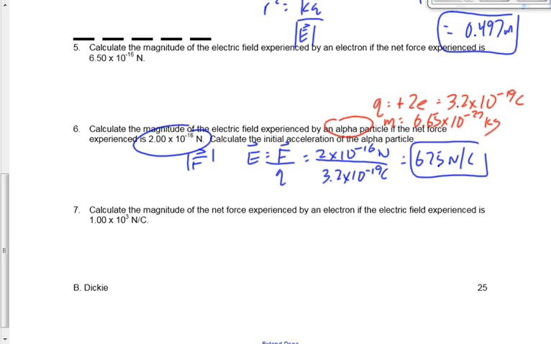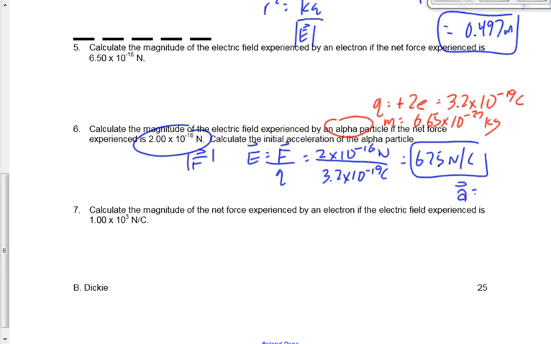F is equal to m times a, right? Newton's second law. Now, when I say every time, try this, I don't mean every time it works. I mean it works pretty much every time. If you try F is equal to m times a and it doesn't work, it's that 1% chance that it doesn't work, well, then try something else. But if it works 99% of the time, that should be the first thing that we try, right? It should be our go-to step.